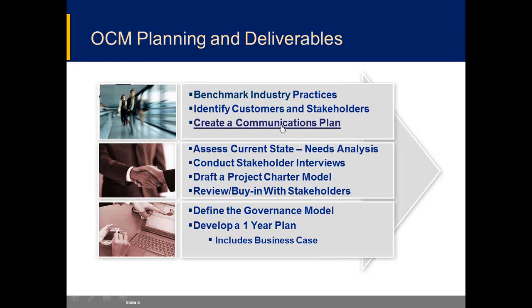Instead of sending a flat newsletter, instead of sending a 5-line email that says, hey, we've got a new program in place, here's what we're going to do, this could be used for sustainment as well as the initial implementation, really for anything that you want to get the word out for.